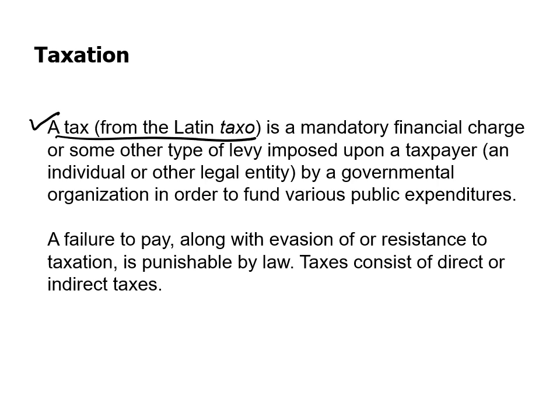Now, if this tax is not being used to fund public expenditures, then it's not a tax, it's extortion. A failure to pay a tax, along with evasion of or resistance to taxation, is punishable by law. Now, taxes consist of direct or indirect taxes, and we'll talk about both.